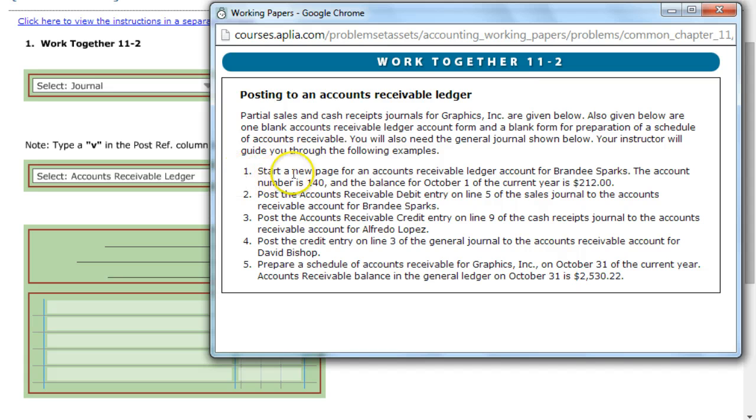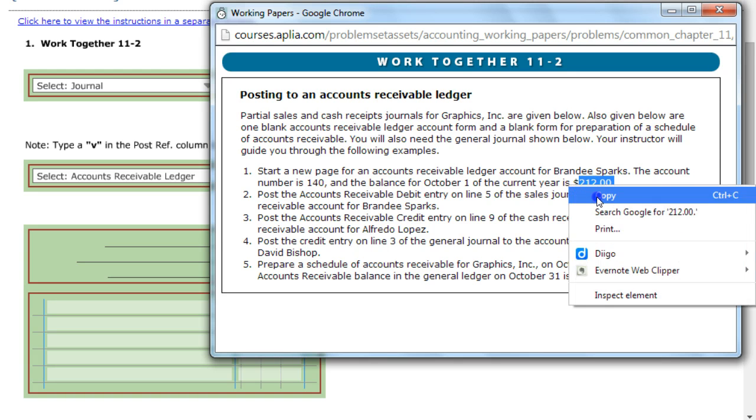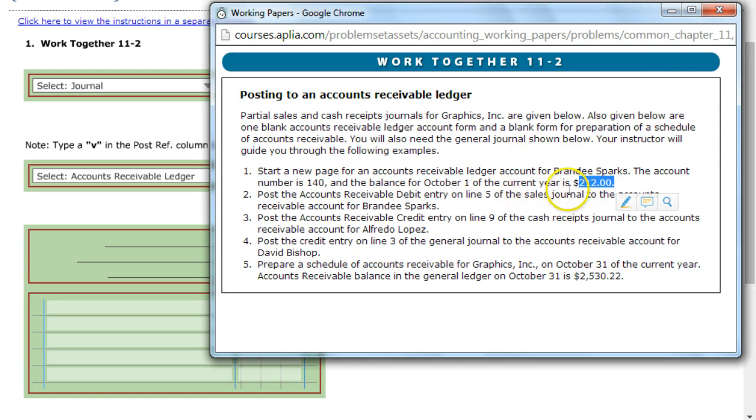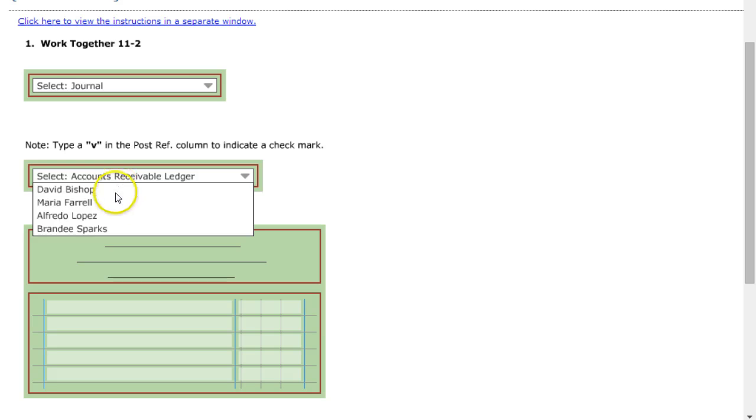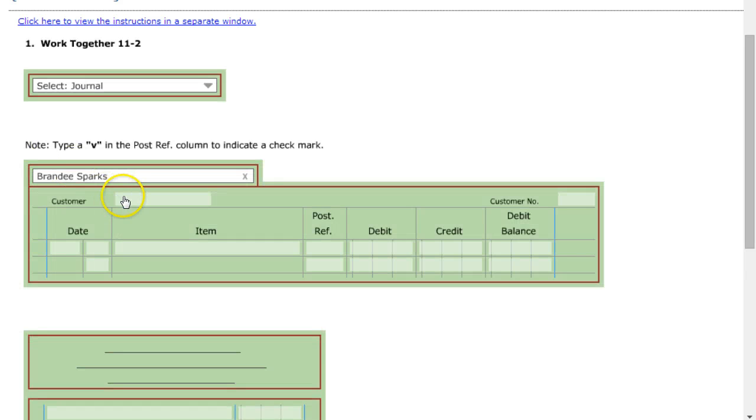Step number one says start a new page for an accounts receivable ledger account, Brandy Sparks. The account number is 140 and the balance on October 1st is 212. So let's start. We'll go down to our accounts receivable ledger, which remember is the opposite of accounts payable ledger. We're dealing with customers this time around and they owe us money eventually.